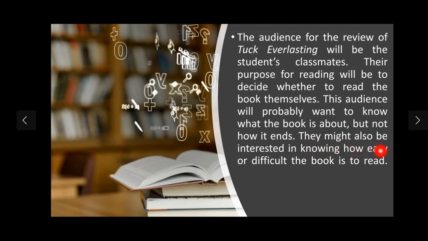They might also be interested in knowing how easy or difficult the book is to read. So you have to answer all these questions. Is it difficult or easy to read? You have to tell them how interesting this book is. You don't need to tell them how it ends, because they are not interested in the end of this book, right?